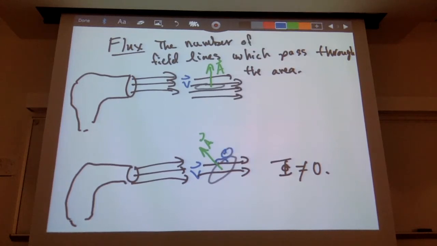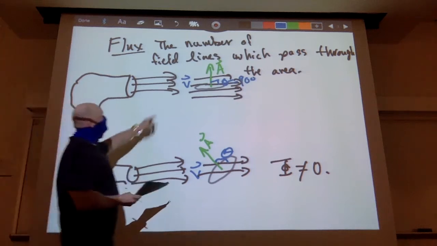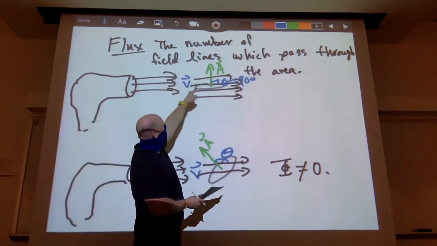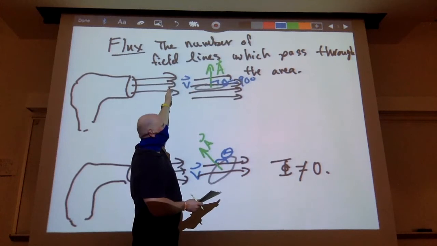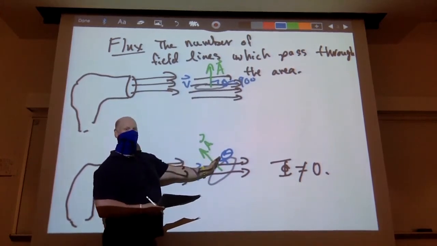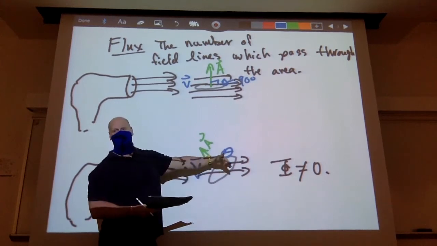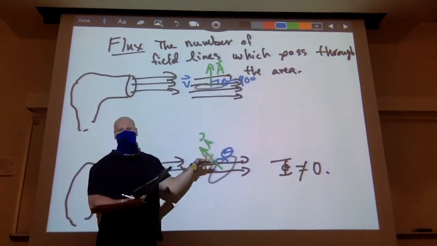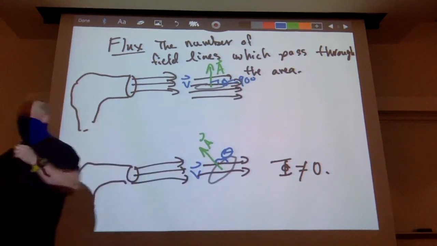Let's call that angle theta, where initially theta was 90 degrees. So initially I had zero flux because the area vector was perpendicular to the velocity vectors. But now I have nonzero flux because the angle is no longer 90 degrees. It's either less than 90 degrees or greater than 90 degrees, depending on how I look at it.